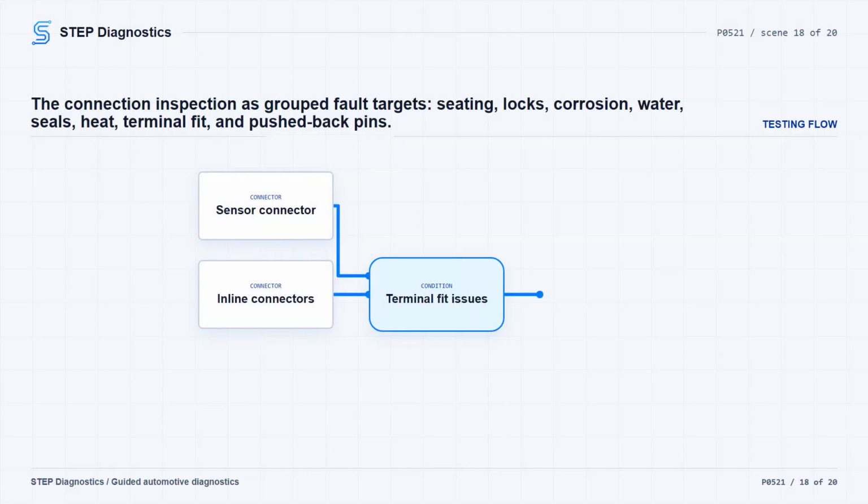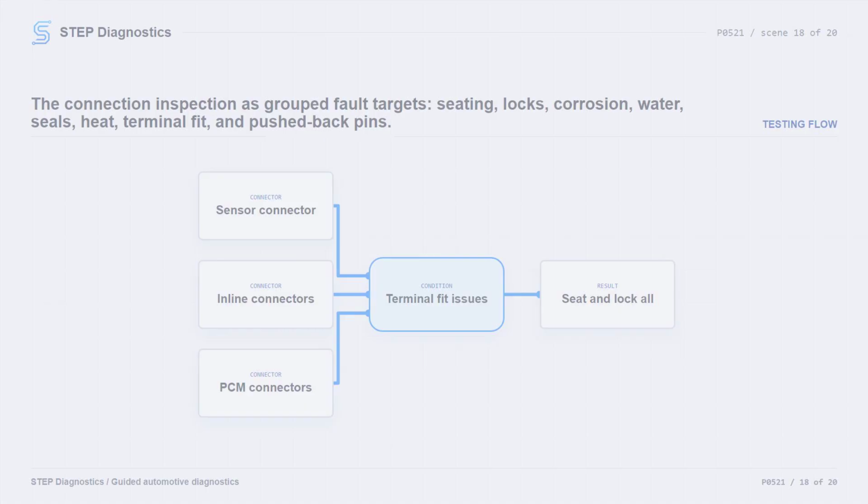If the code returns after the sensor, inspect the related PCM and component connections. Perform any applicable bulletins. Disconnect the PCM connectors, any related inline connectors if equipped, and the related component connectors. Look closely for connector installation problems, damaged locks, corrosion, water intrusion, seal damage, bent terminals, discoloration from overheating, pushback terminals, spread terminals, and poor terminal tension.